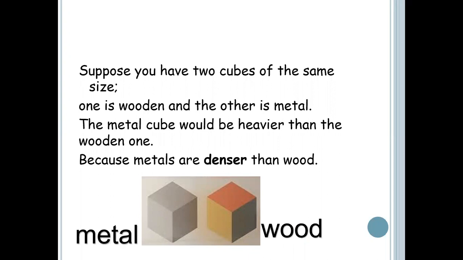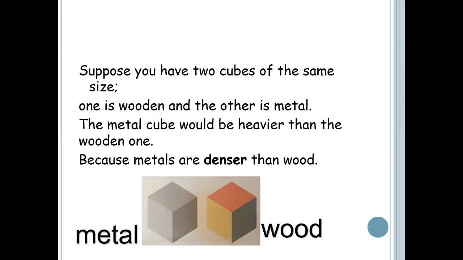Okay, look at these two cubes. Suppose you have two cubes with the same size. One is wooden and the other is metal. Which one is heavier than the other?